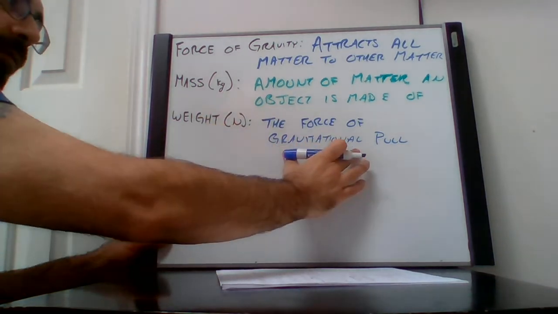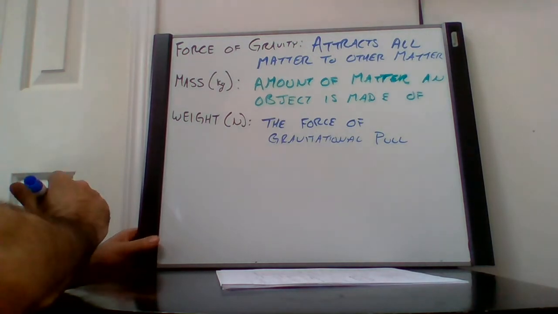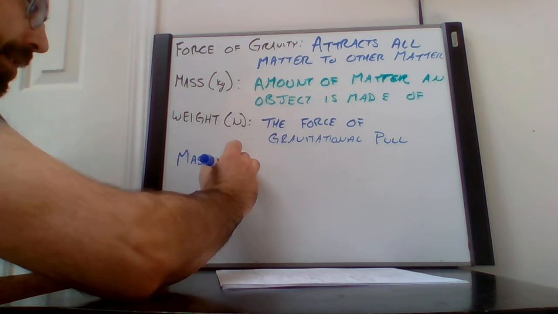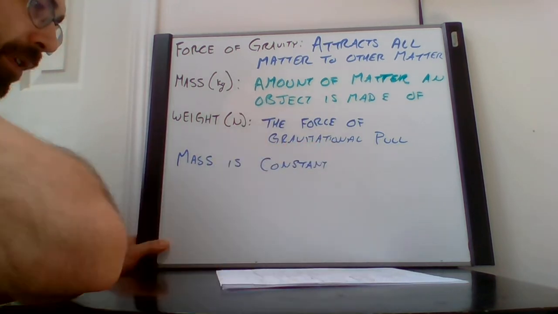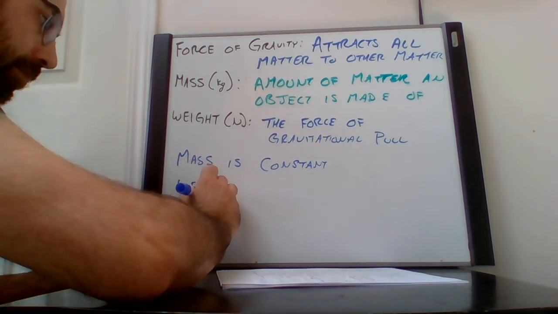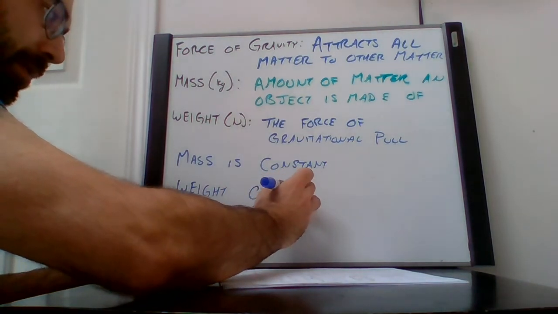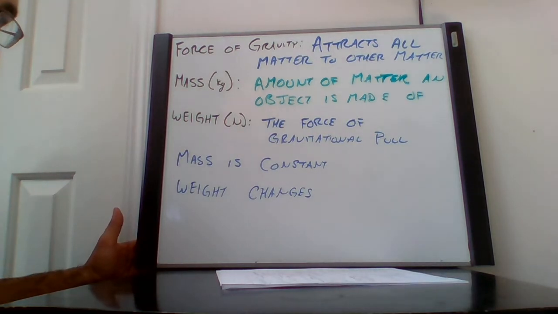However, weight is the force of gravitational pull on that object. So what we should say here is that mass is constant throughout the universe, but weight changes depending on where you are and what your gravitational pull is.